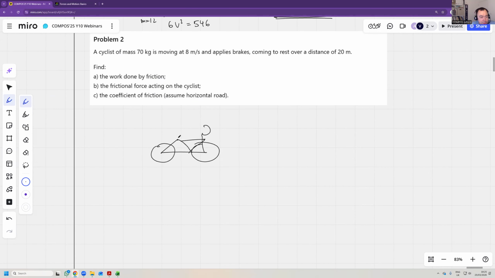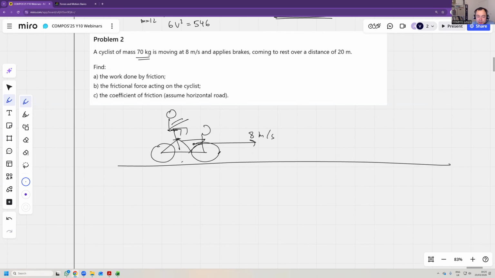I obviously can't draw a bicycle, nor can I draw a cyclist. 70 kilograms together with the bike, I assume, moving at 8 meters a second, coming to rest over a distance of 20 meters. So it travels 20 meters before coming to rest.